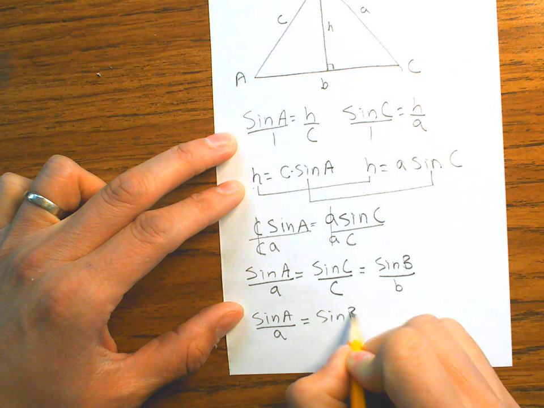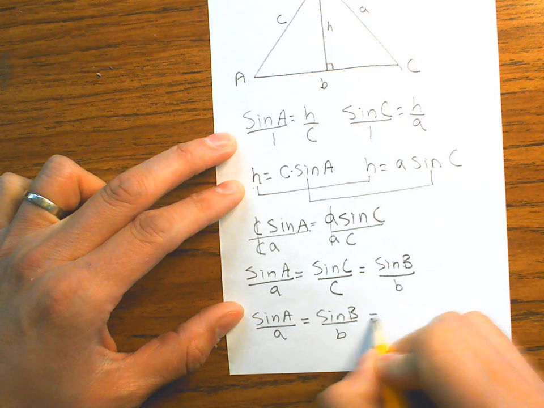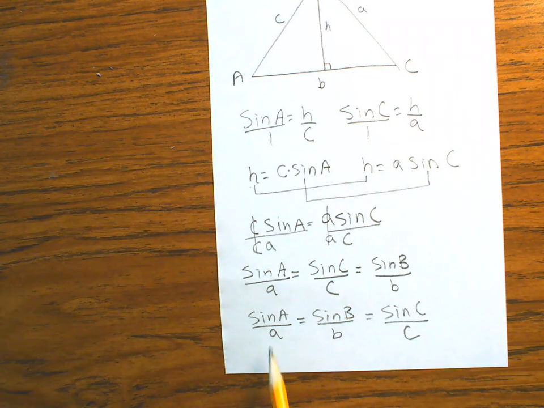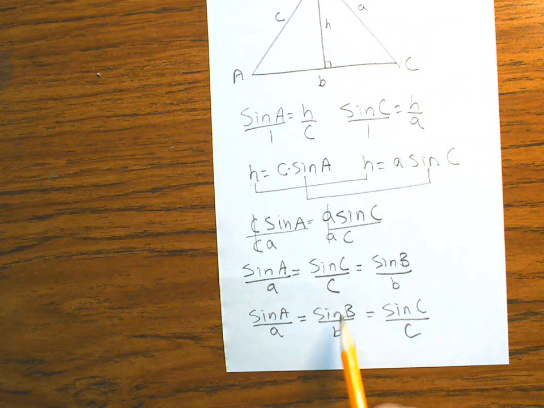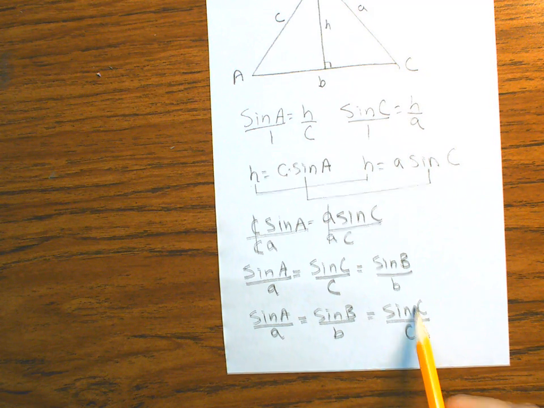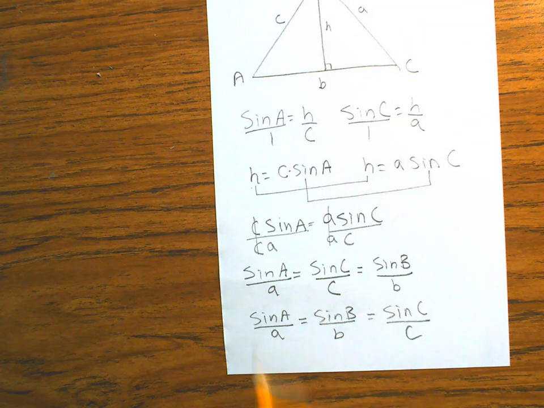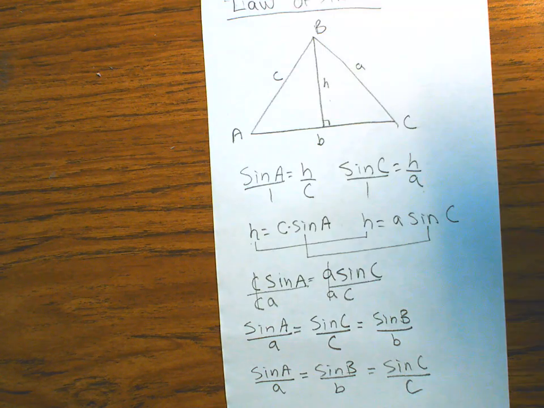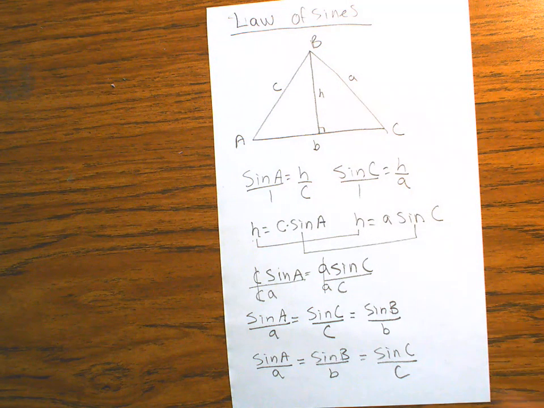Now you can also use the reciprocals of these, meaning A over sine of A equals B over sine of B equals C over sine of C. So you can use these two together, you can use these two together. It all depends on what you really have. So, ladies and gentlemen, this is how the law of sines gets derived.